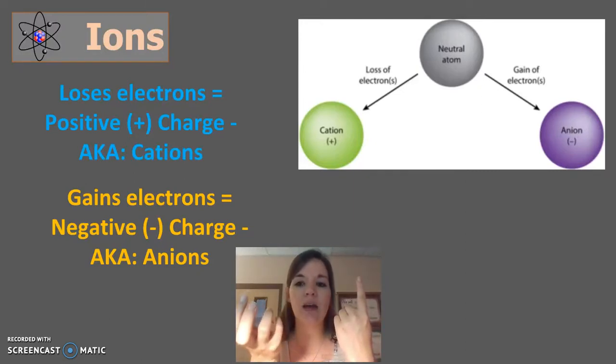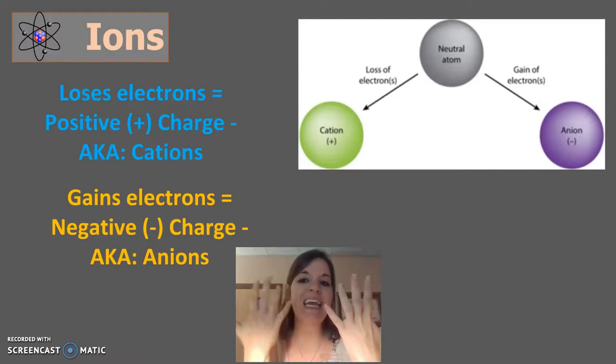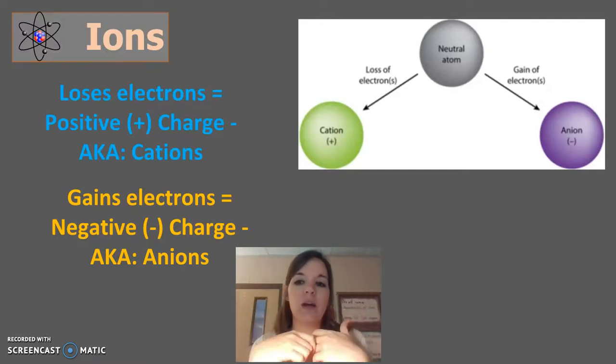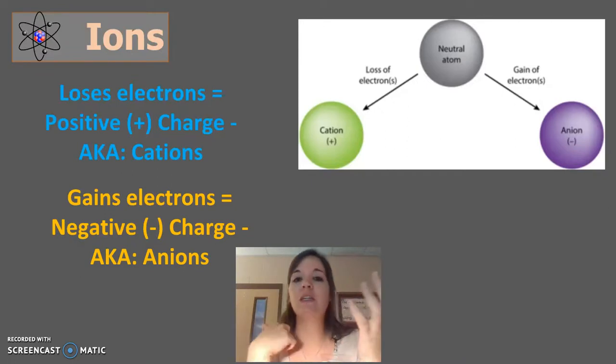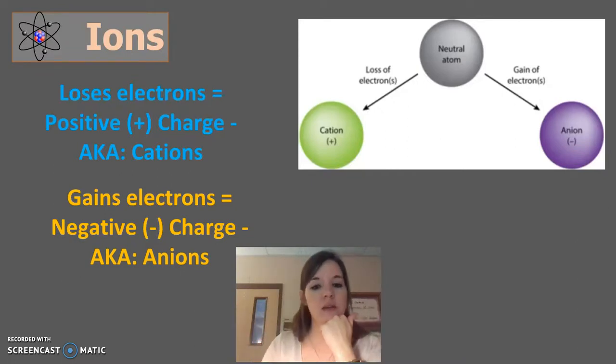That's called a cation. It's a positive ion. You can also have a negative ion, where you gain an extra electron, and the atom would then be negative because you have more negative electrons than you have positive protons.